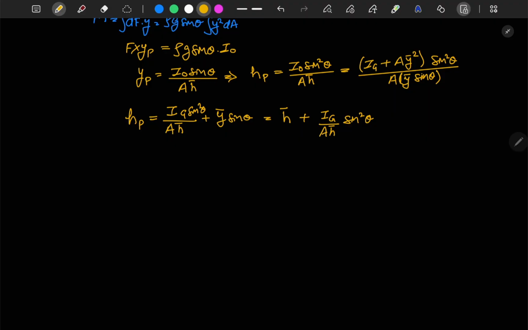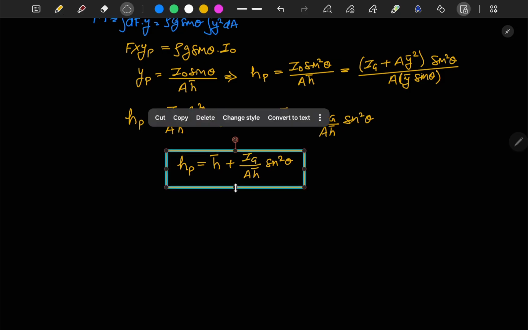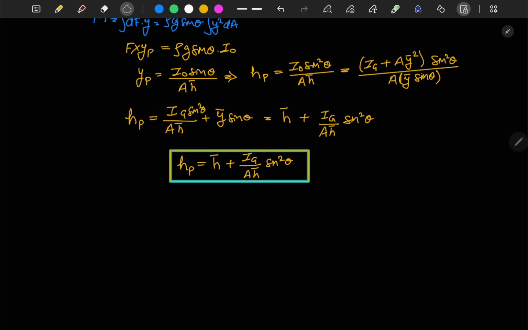This relation will be very useful to calculate the center of pressure distance from the free surface in case of an inclined surface. So this is your center of pressure height. I hope you understood till here.